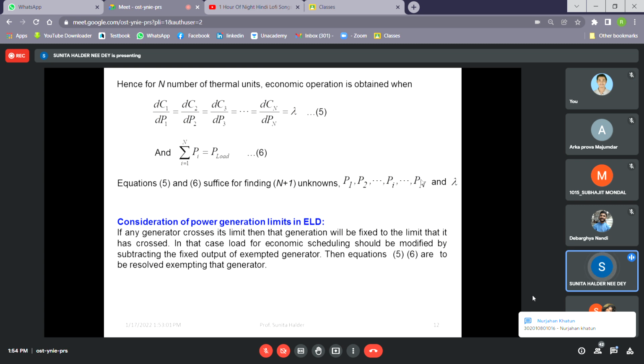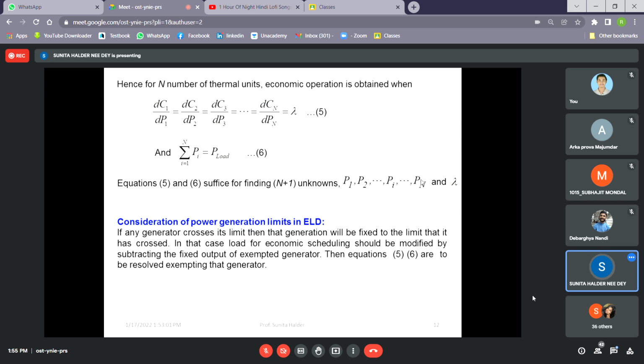Now only obtaining the values is not sufficient. We have to judge whether these values are correct or not. After the solution, if we find that some power generations are not within the limit, either less than the minimum power generation scheduled or more than the maximum power generation scheduled, then we cannot take that solution, because it will not be feasible.